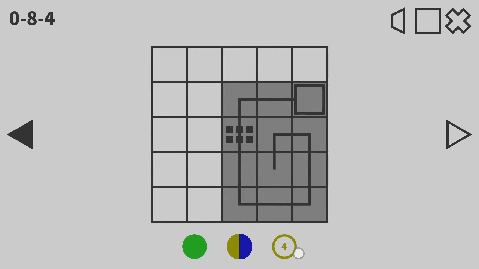What would that be? Must not be a square. Why is that an interesting rule to have?